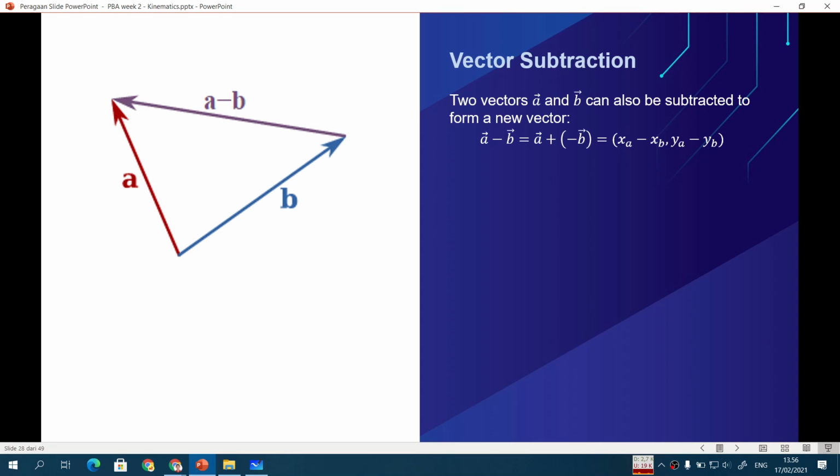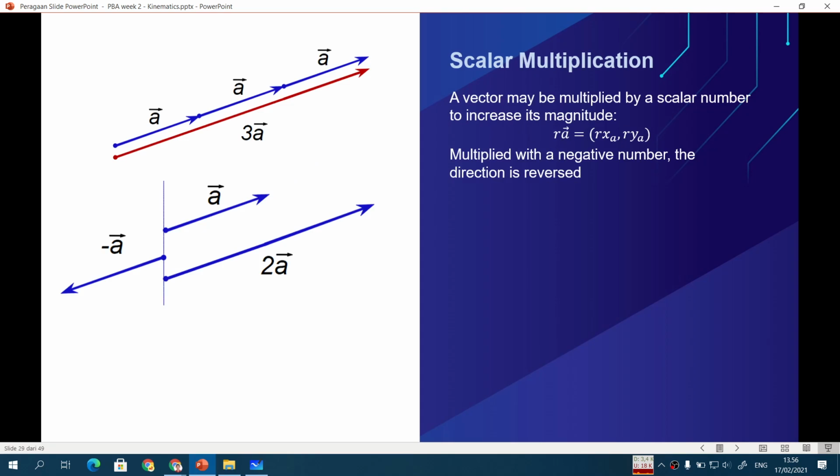What about minus b? We can multiply a factor by a scalar number to increase its magnitude. So if I have this factor a, I can multiply it by a number 3 to increase its magnitude by 3 times. Ra equals to rxa and rya.